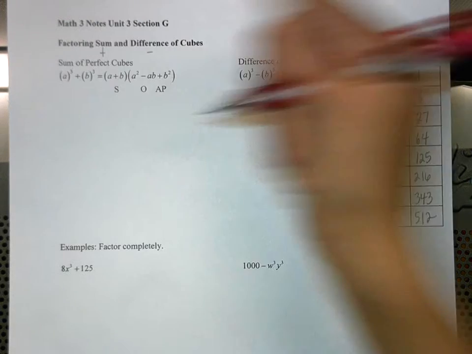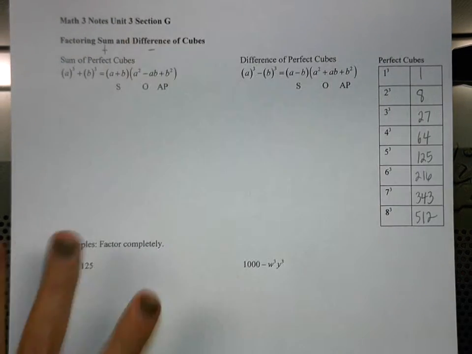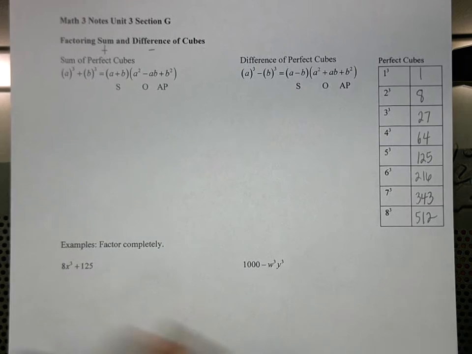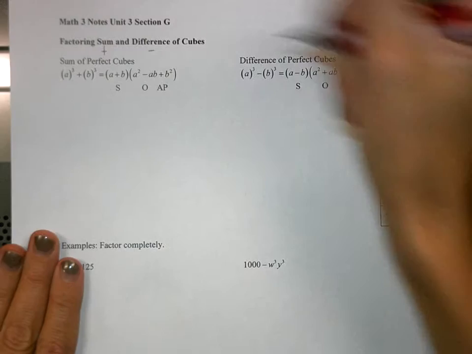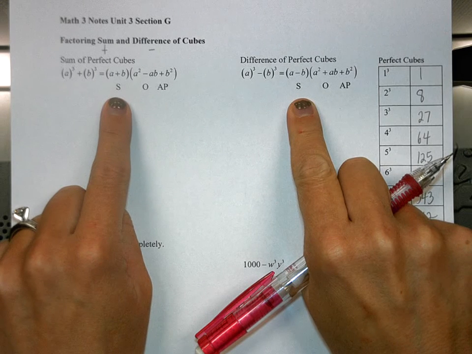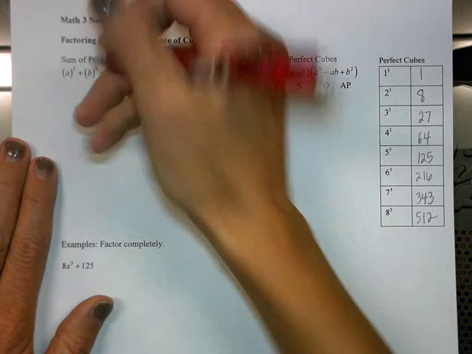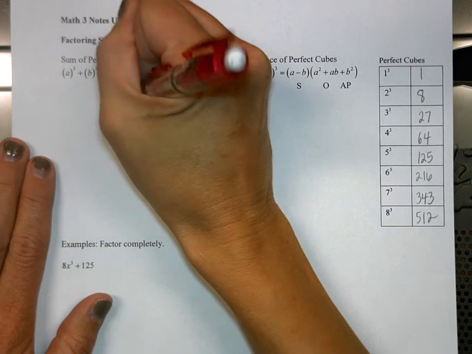So they have these words, SOAP, to help you remember for factoring. Anybody have any idea what the S stands for? Sum. Close. Because notice that it's the same for either if it's subtracting or adding. So what do you think the S is? Close. It's the same.